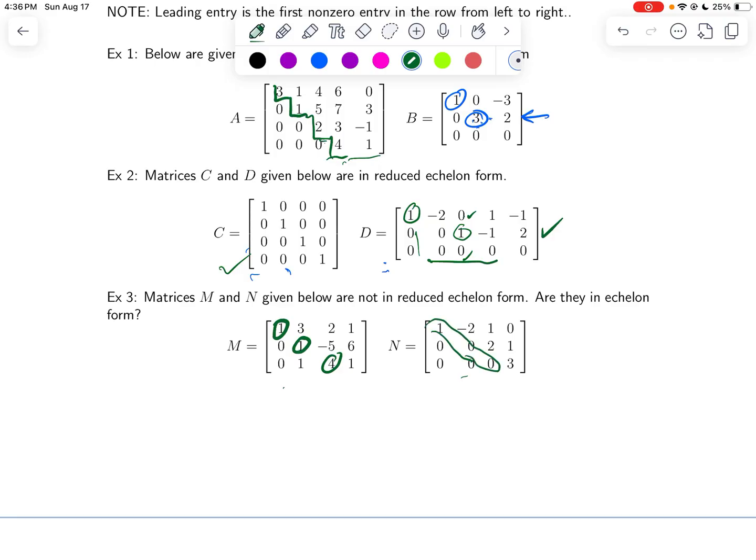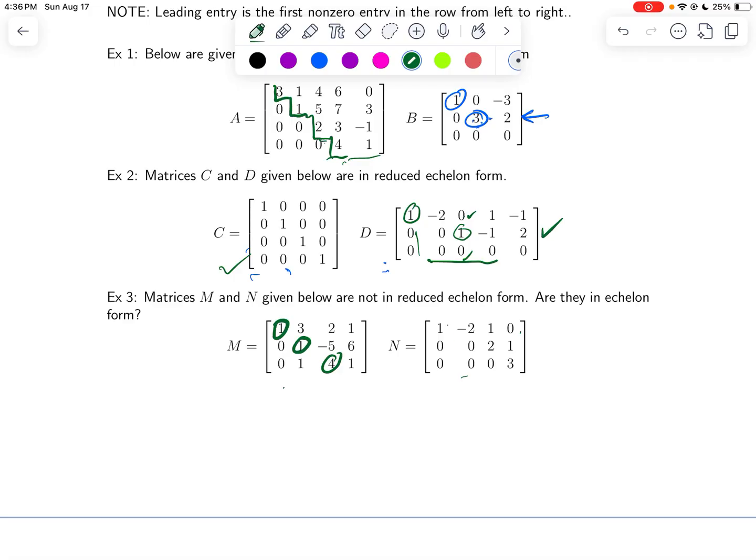Now here, this is the diagonal, and the leading entries satisfy the condition that the leading entry in the second row, which is over here, is to the right of the leading entry in the first row. And in this case, all the entries below the diagonal are 0.